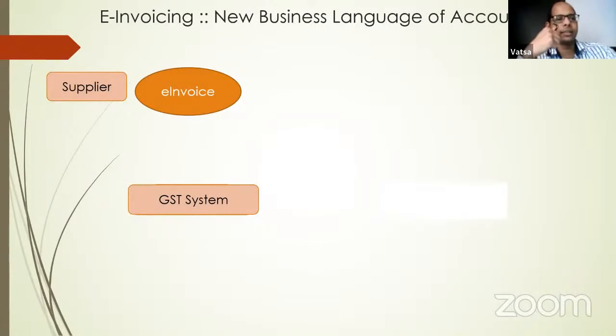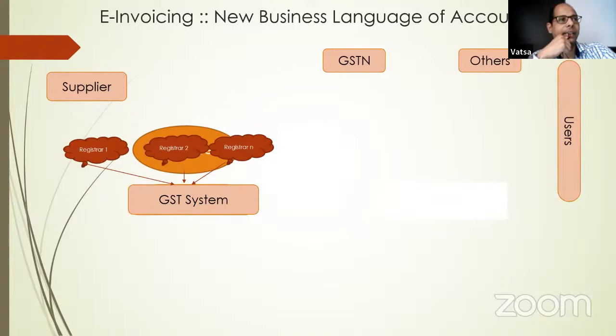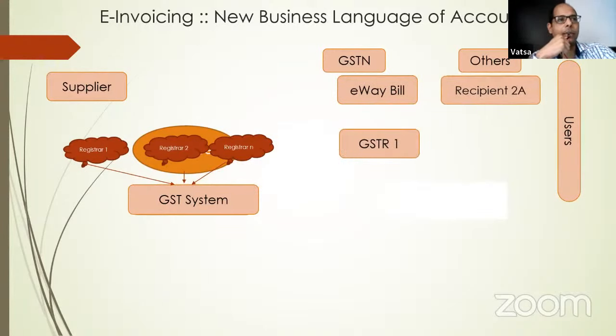So this is the slide where we will see the workflow of e-invoicing. So you have the supplier. The e-invoice goes from the supplier to the GST system. As I said, there are multiple registrars. Right now, NIC is the only registrar. And from there, it goes to the eWaybill portal, and it goes to the GSTR1 populated by the government portal. From there, it goes to the recipient's 2A, or now 2B.